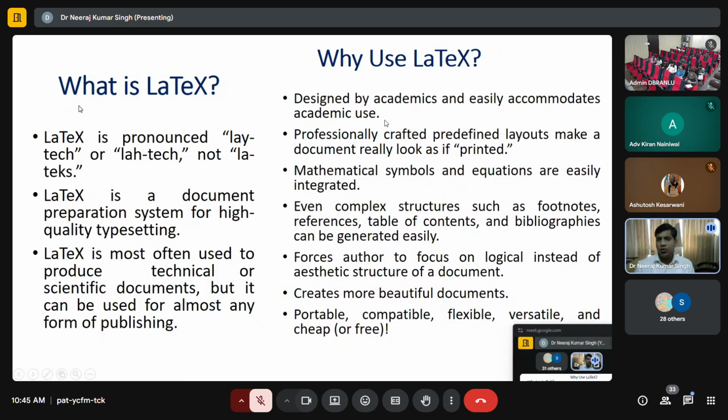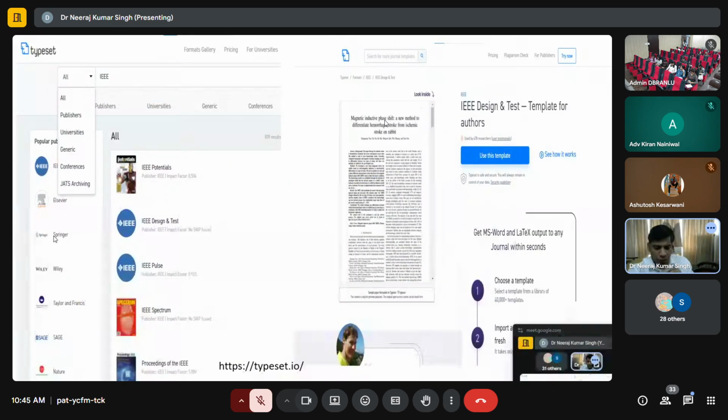You can simply go to YouTube, download this software, and just try to learn. Do virtual learning. It is not that complicated. You only need to know a little bit of programming language or a little bit of HTML coding, very basic coding. And then you can work on LaTeX.